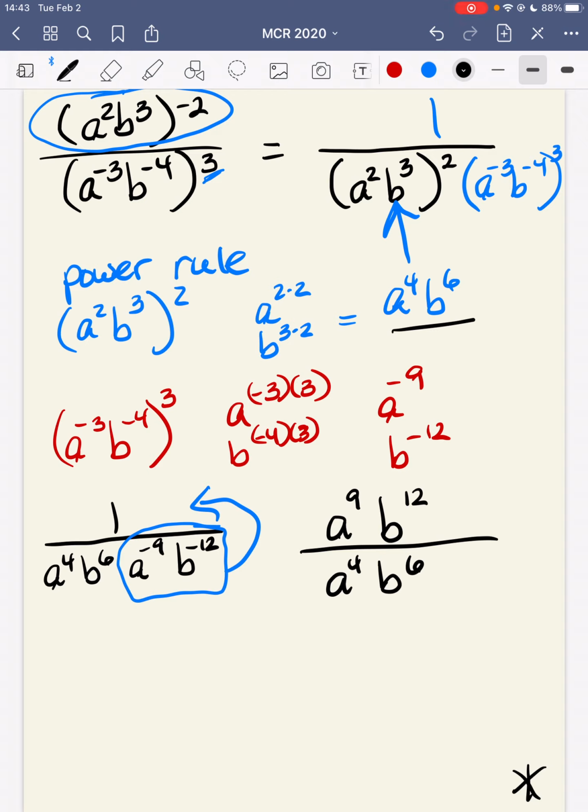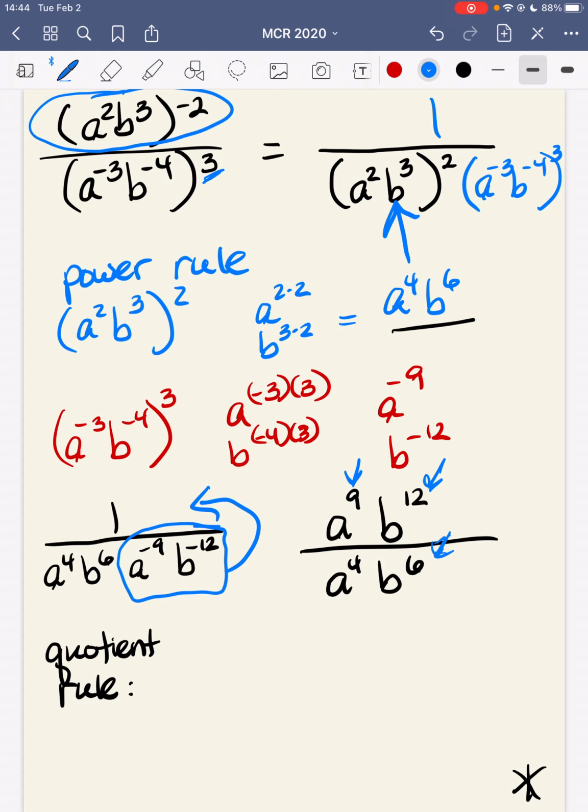Okay? Now, you can write them out and cancel one for one, and that's totally okay. I'm also going to show you a little trick. This little trick is called the quotient rule. Now, you don't necessarily need to memorize this at all, but it will help you not to write out this a 9 times, or this b 12 times, or this b 6 times.